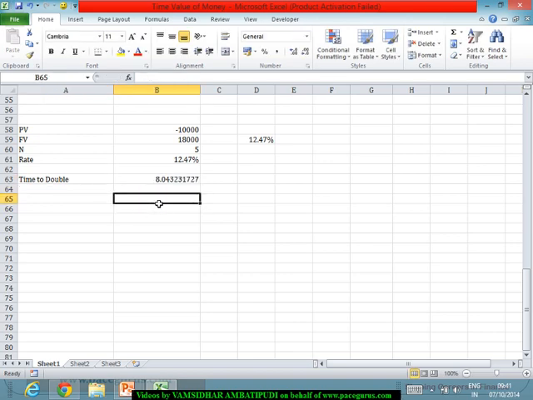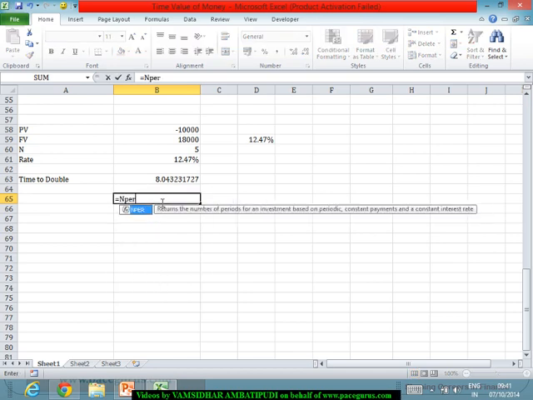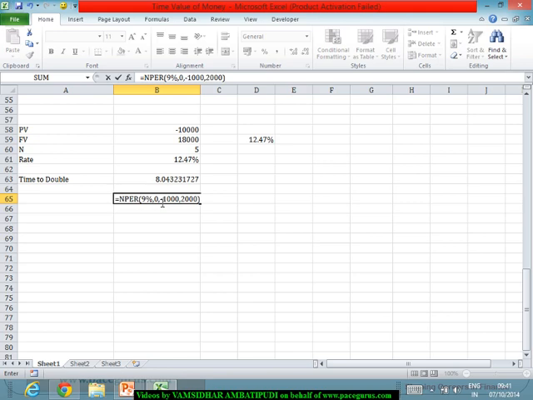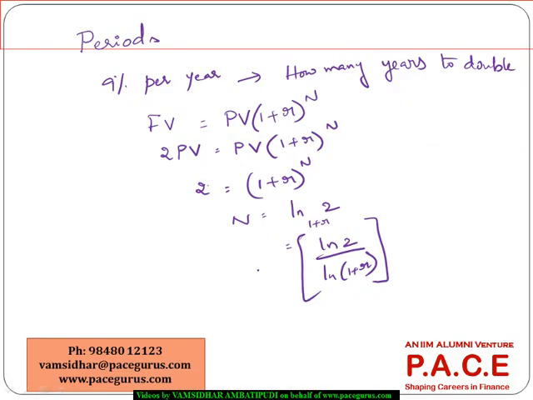The same logic, if I am using my formula, I can use NPER, number of periods, assuming an interest rate of 9%, no intermediate annuity payment, and I am looking at a present value of some $1,000 being deposited, and I am looking at it becoming 2,000. All it is saying is the time period that it is going to take is around 8.04 years.